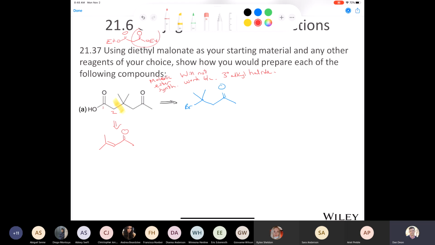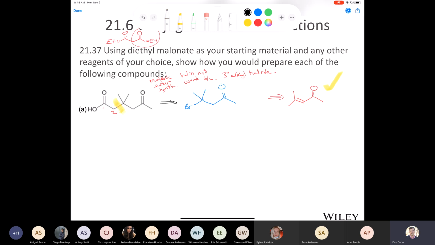I'm going to run out of space here. Let me move this guy over here. So I'm going to fix this retrosynthesis arrow. Go like this, and then we'll go like that. Okay, so that's the method we're going to use.